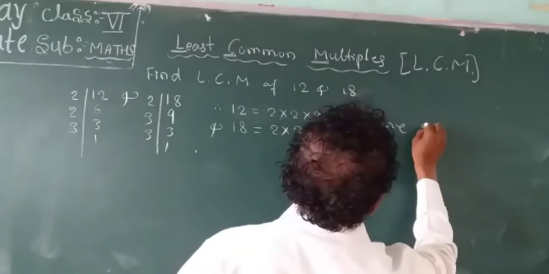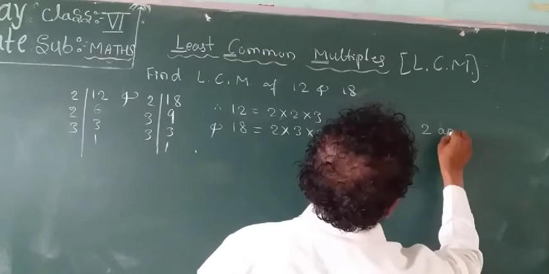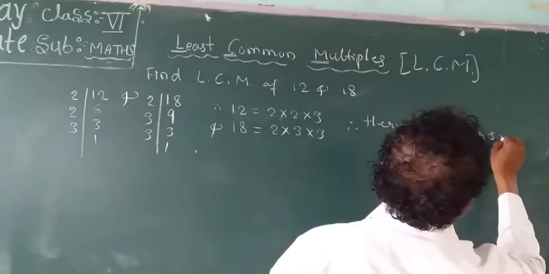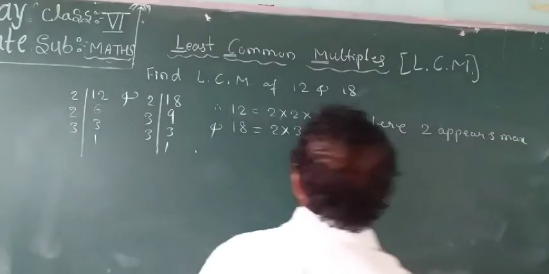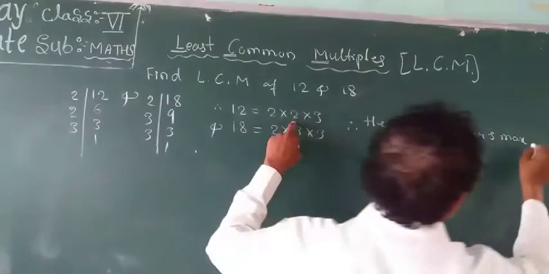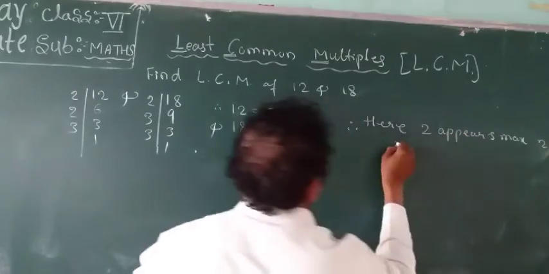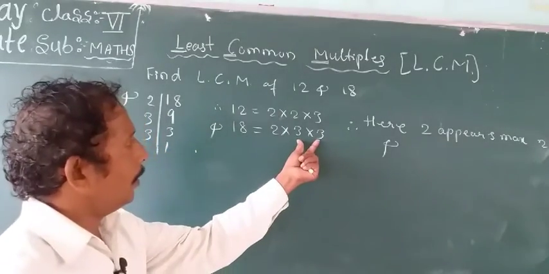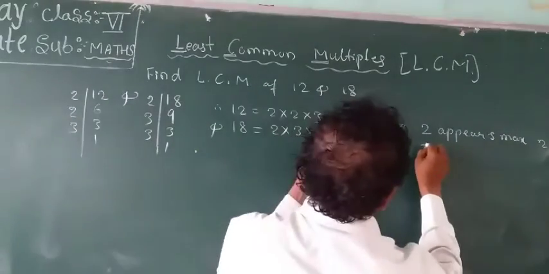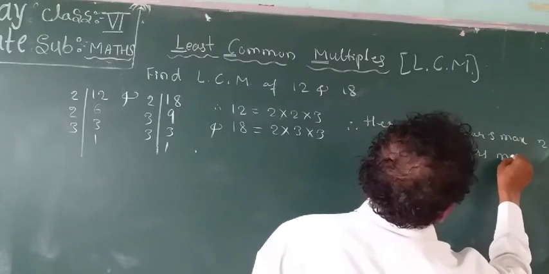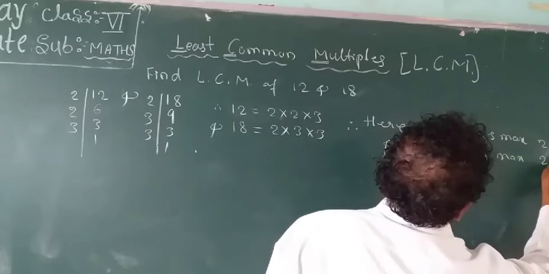Here 2 appears maximum 2 times. And factor 3 appears maximum 2 times.